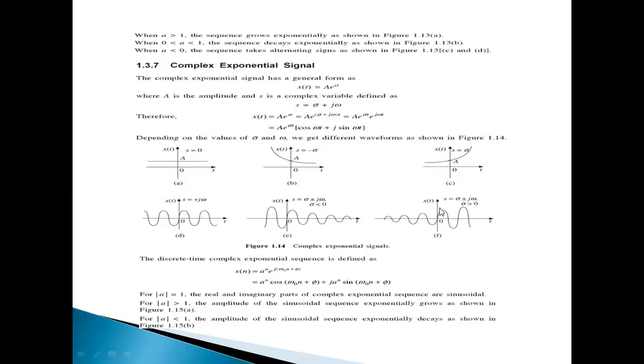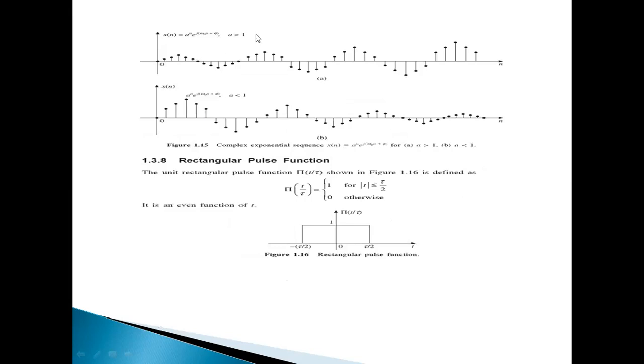For magnitude of a less than 1, the amplitude of the sinusoidal sequence is exponentially decaying, as shown in this figure C.